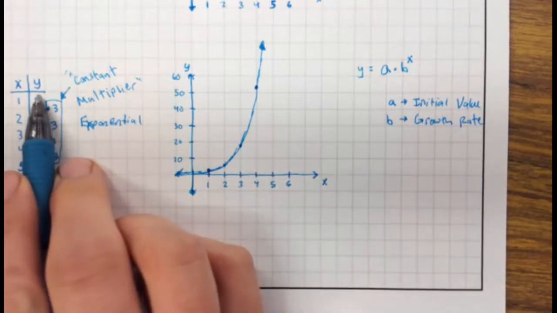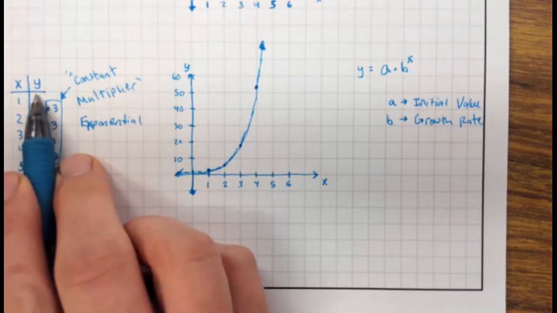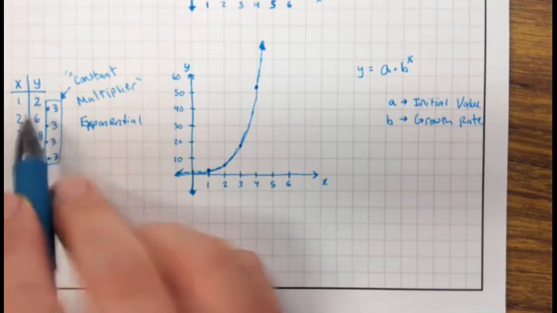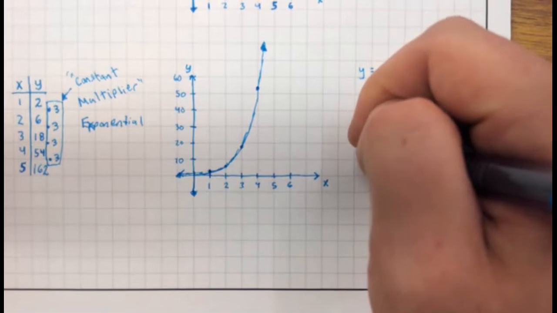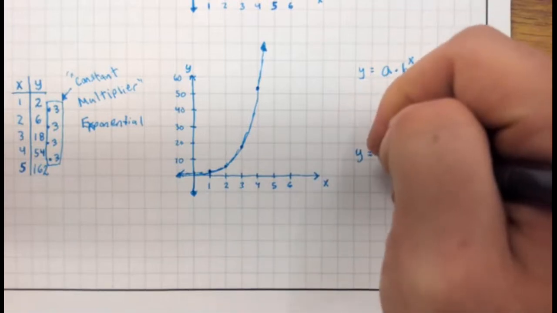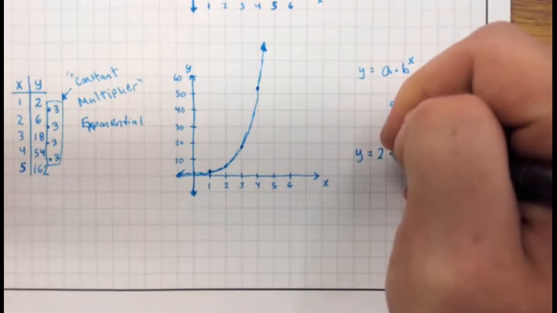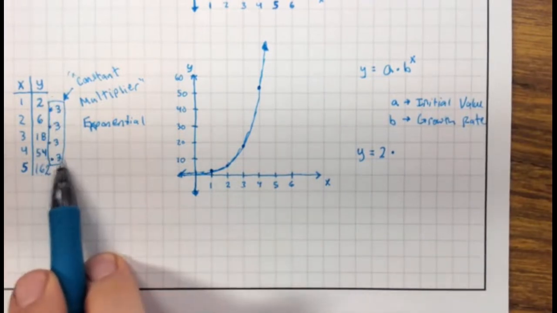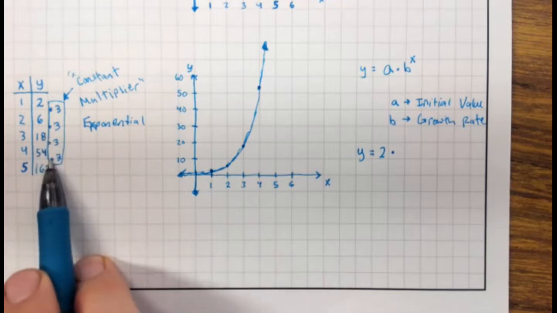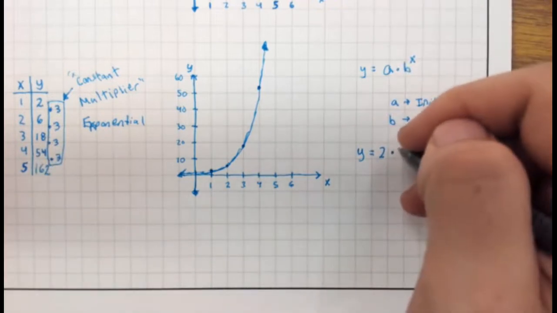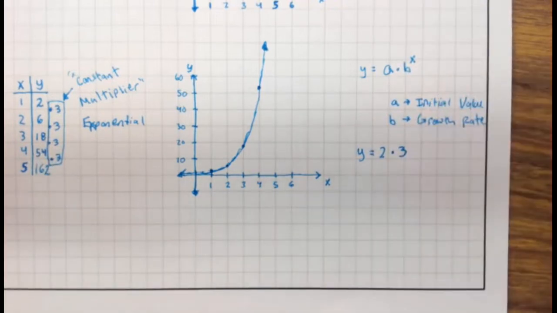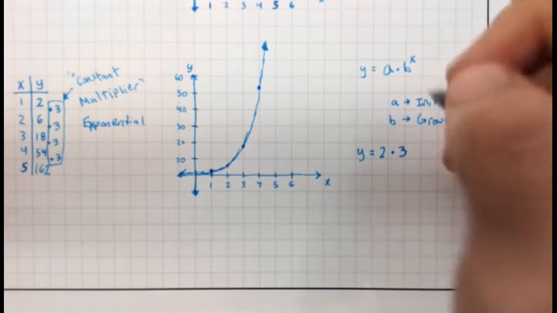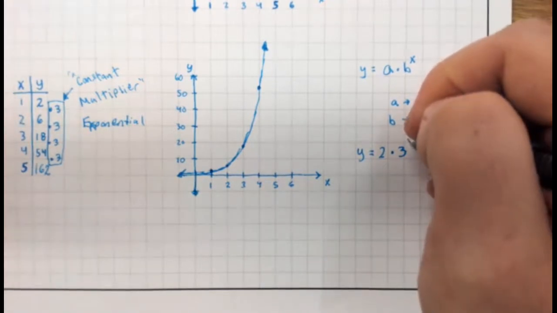We started off here with a value of 2. That'll be our initial value. So y equals 2 times, now the growth rate is this constant multiplier. We were growing by a rate of 3, multiplying by 3 every single time. And then up here in the exponent, like we said, x is just going to be our variable.